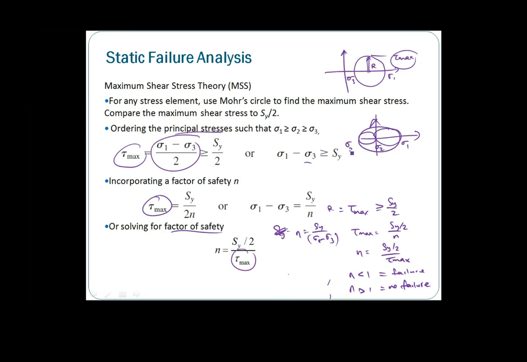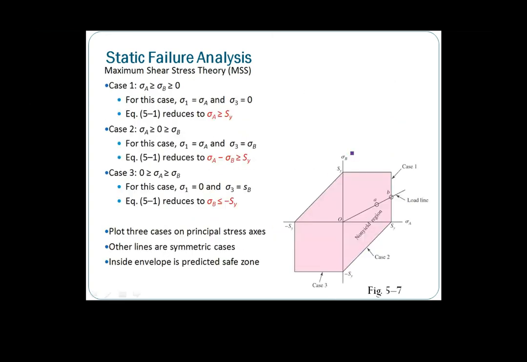So sigma 1 minus sigma 3 divided by 2 gives your principal shear stress. In the first case, sigma 3 equals 0, so our sigma 1 is sigma A. Then equation 5.1 just now, sigma 1 minus sigma 3 larger than Sy, basically becomes sigma A larger than Sy.